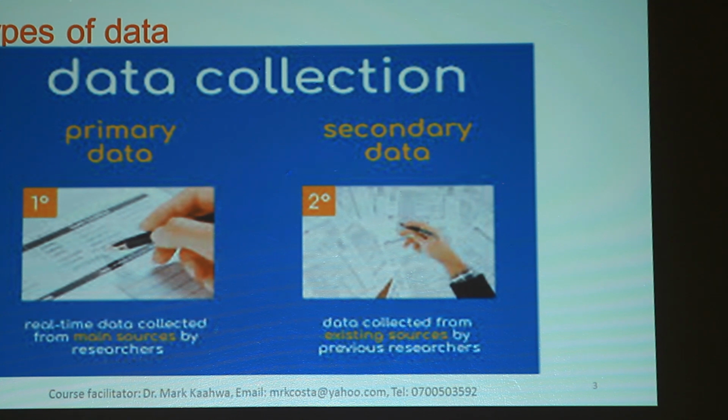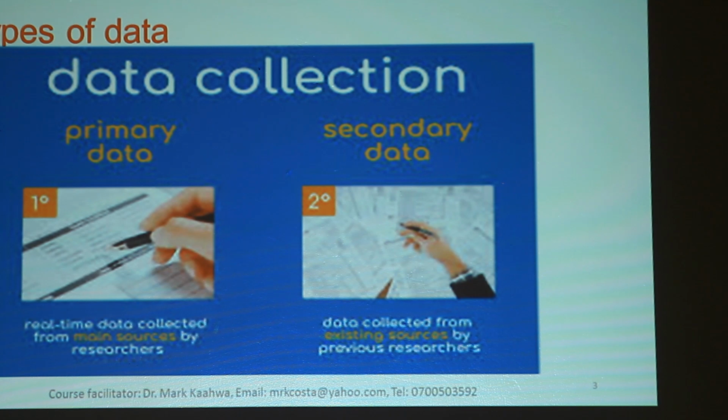It is the fresh data that you directly get from the respondents using any of the data collection methods, whether a questionnaire, interview guides, focus group discussion guides, or observation checklists. For example, you conduct face-to-face interviews on a certain topic. You ask the respondents, they give you that information. That fresh, raw information is what we call primary data.